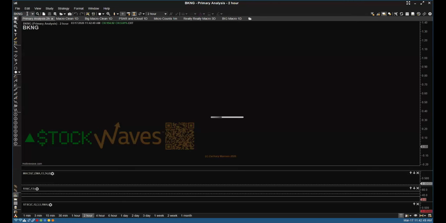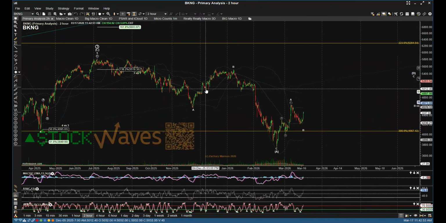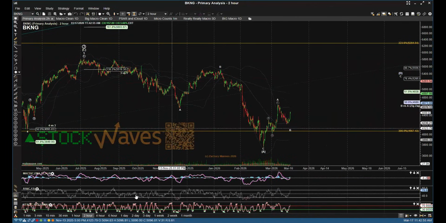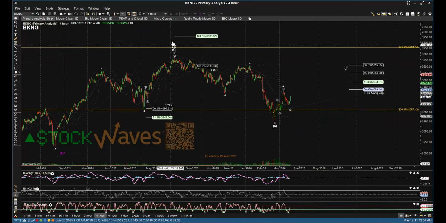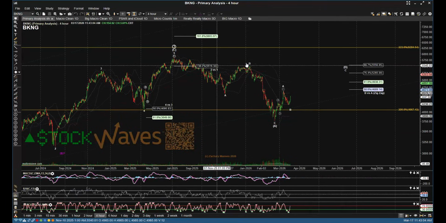Another name from this sector that I think stands out nicely with some near-term bullish potential, or even intermediate bullish potential, even though it might have already struck its primary wave 3 top, is Booking, BKNG. It has a very nice ABC that's filled out.